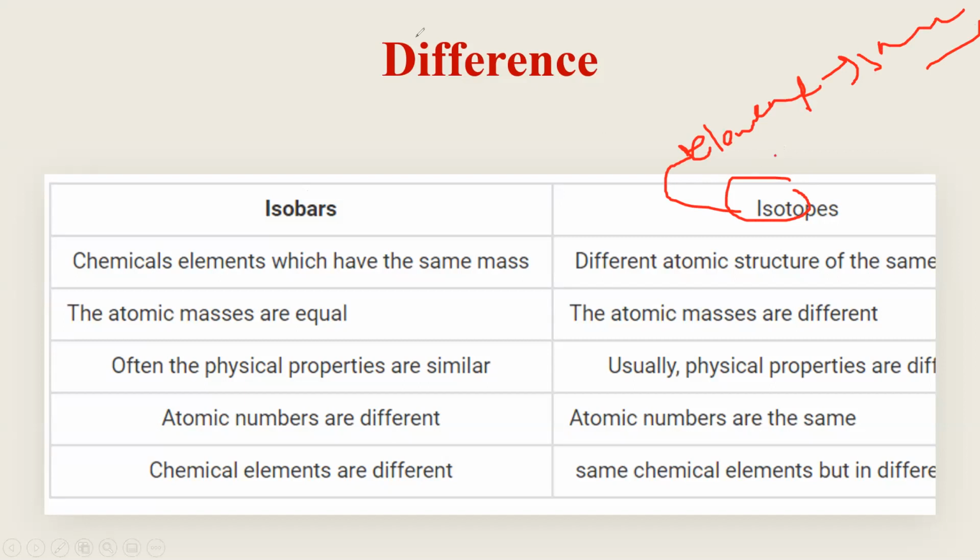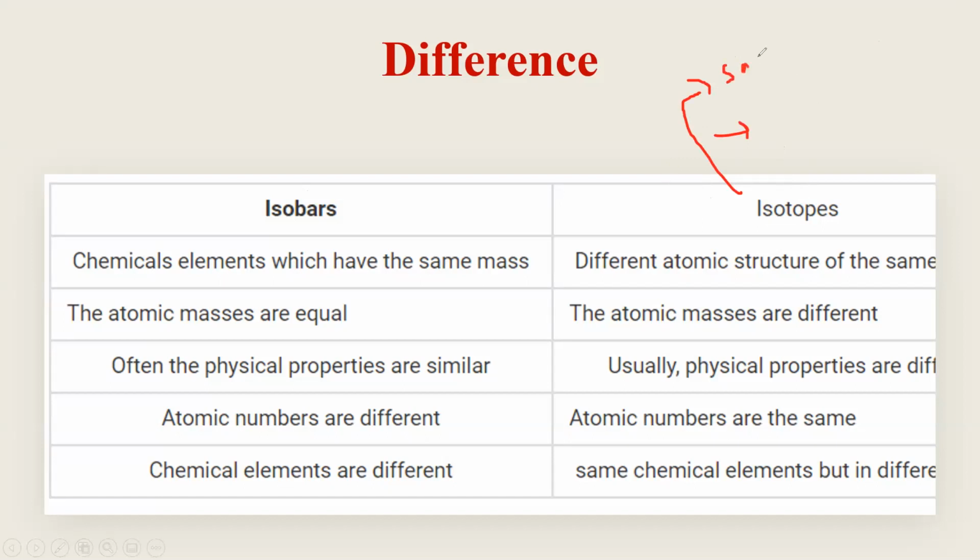So if isotope is considered, the atomic number is the same and the mass number is different. This is the definition of isotope: same atomic number but different mass number.